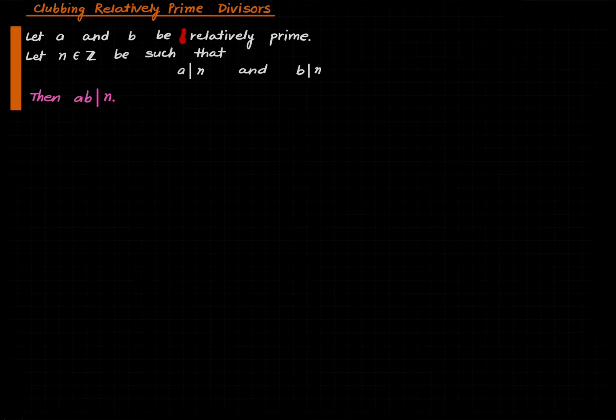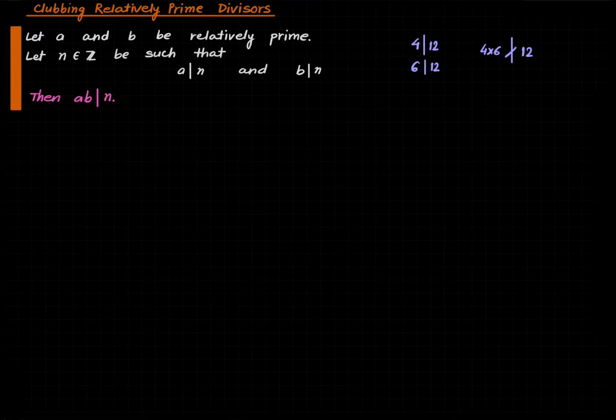If you drop this clause of relative primality, this assertion is definitely false. For example, 4 divides 12 and 6 also divides 12, but 24 doesn't divide 12. But if you assume that the divisors are relatively prime, the conclusion holds, and it should be intuitively appealing at the very least, but proving it is not so straightforward.